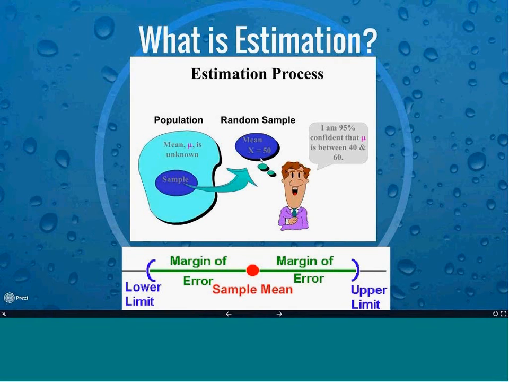Now, is it fair to say from one small sample that X bar equals a value, and you say that X bar is mu? If X bar equals 50, you say that mu is estimated to be 50, you are making a point estimation.